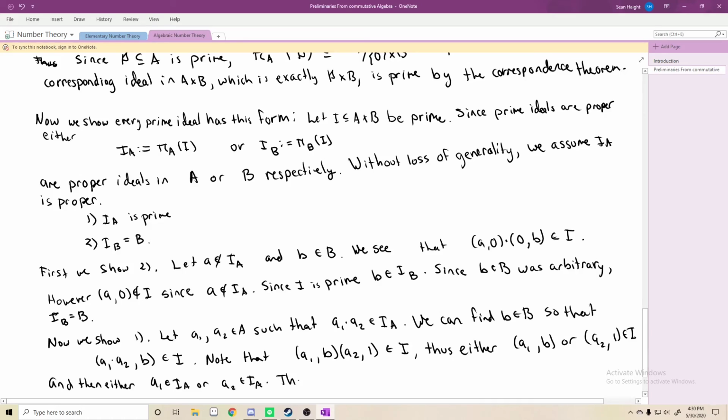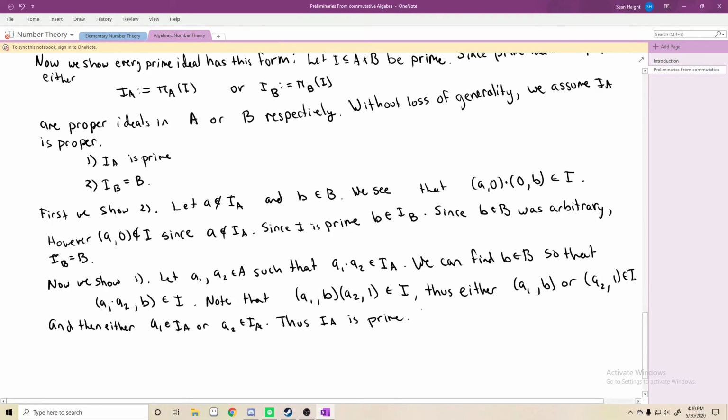So thus I sub A is prime. Since we saw earlier, I guess I didn't really prove it, but I stated it, that I is I sub A times I sub B, and we saw that I sub B is B, and I sub A is prime. This proves the result.